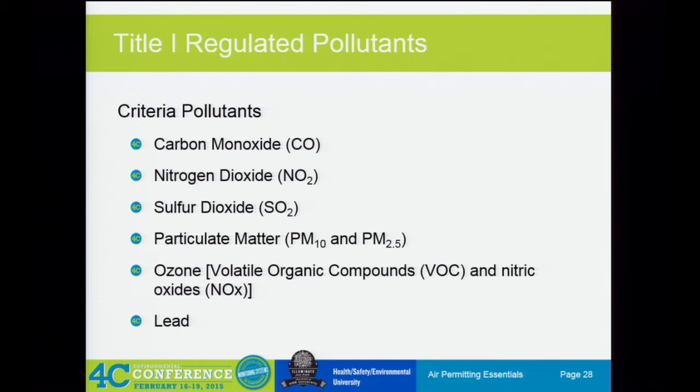So going back to the earliest slides when we first talked about criteria pollutants, these are the criteria pollutants that have a national ambient air quality standard for them. And because they have a national ambient air quality standard, they can trigger the non-attainment regulations if that area isn't meeting your NAAQS. So as you can see, there is an NO2 criteria pollutant that's separately listed, but there is no VOC. The VOC and NOx are precursors to the ozone.